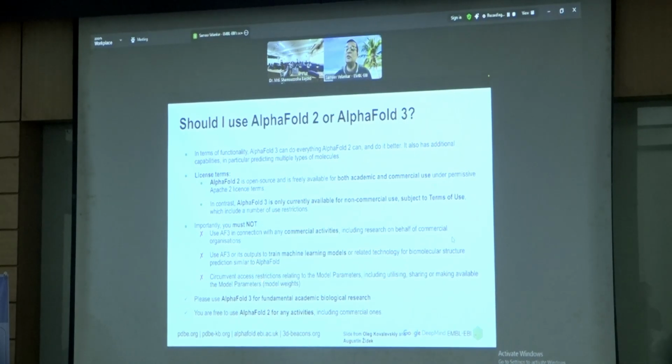So which one should you use? Obviously, you have to look at the license terms. So AlphaFold 3 is only for non-commercial use, and read the license carefully. You cannot use it for commercial activities, train other models, etc. I would use AlphaFold 2 if I'm just worried about getting proteins, and I will only go to AlphaFold 3 if I have nucleic acid or metals or ligands, etc. Or antibodies.